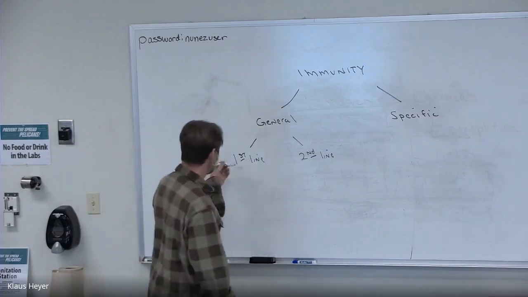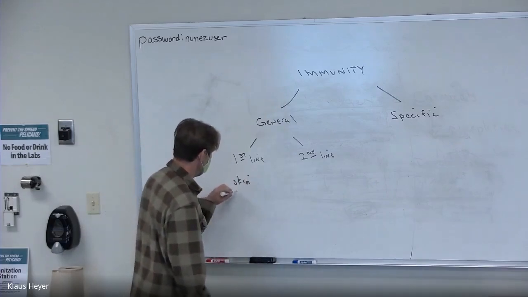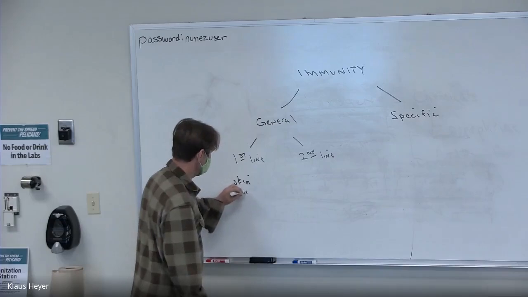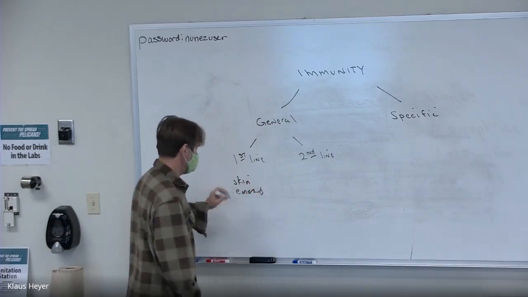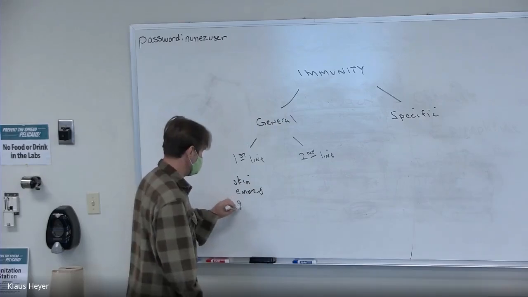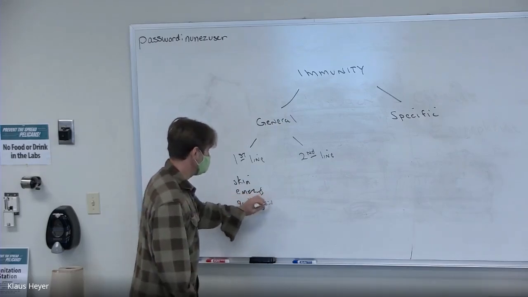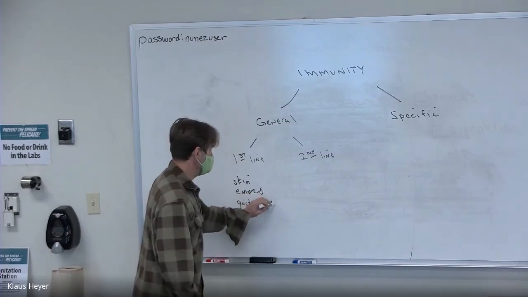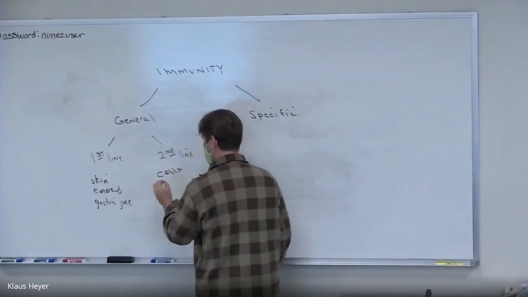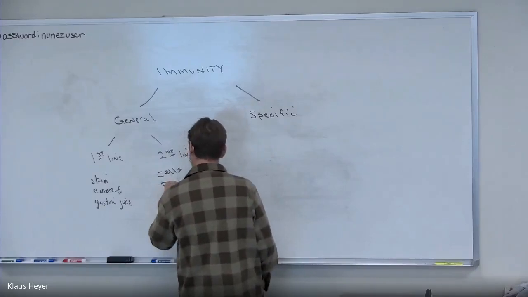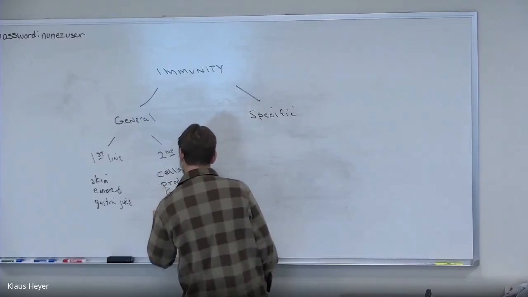Then under first line, we had things like skin and vomiting, gastric juice, hair. And then under second line of defense, we had the cells, the antimicrobial proteins, fever, and inflammation.